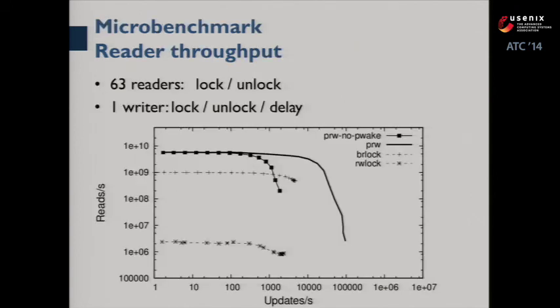And here is a microbenchmark. We have 63 reader threads doing lock and unlock operations repeatedly, and one writer that locks the rwlock, unlocks it, and waits for a time. We alter the delay latency and measure the readers' throughput.